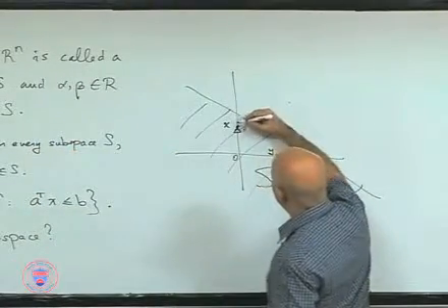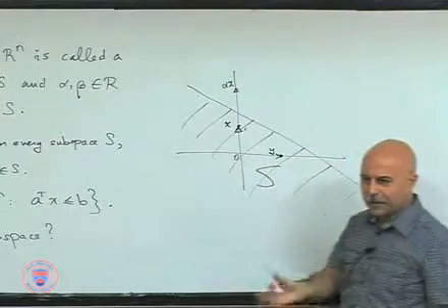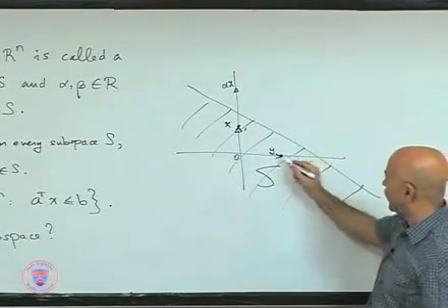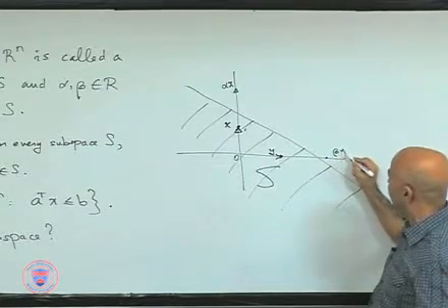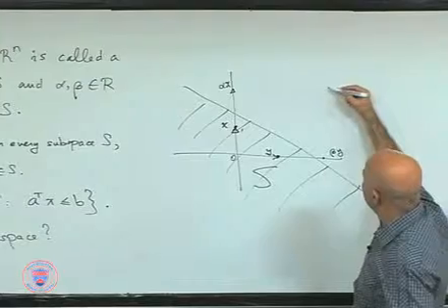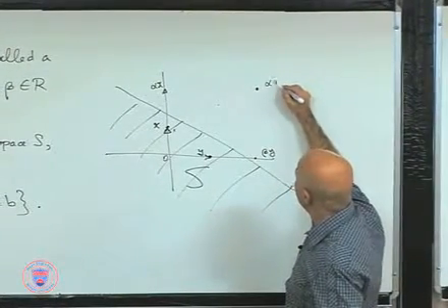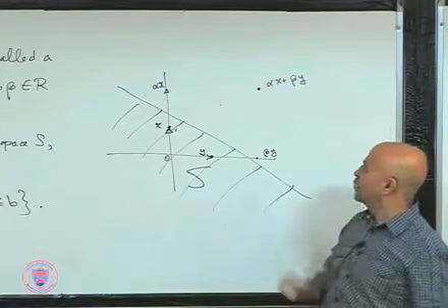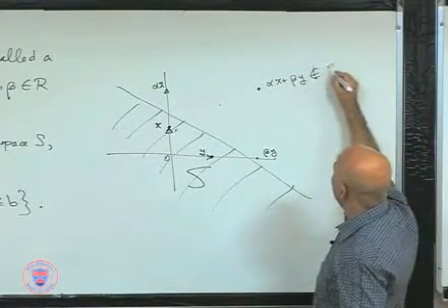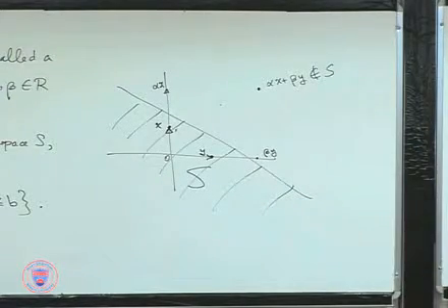So alpha x becomes this one when you multiply it with positive alpha, the other one becomes this one, for example, beta y, and when you take the sum of them, you get this point. That's your alpha x plus beta y. And so this point is not in S. For this reason, this is not a subspace. Good.